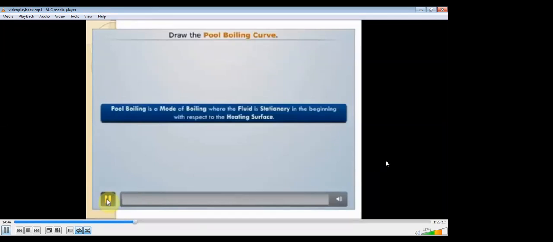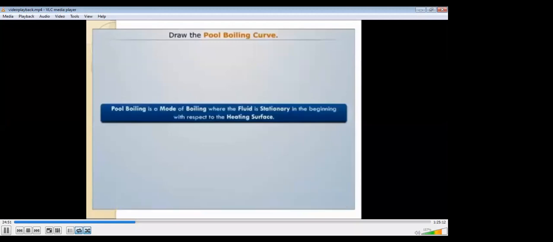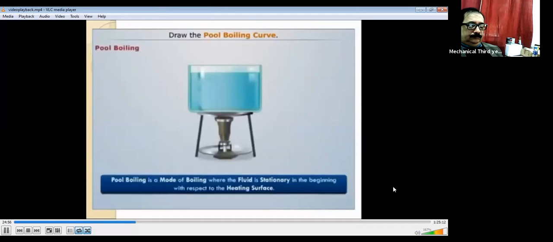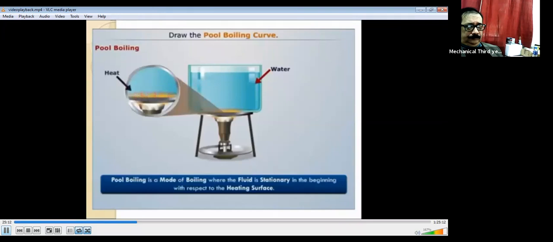With respect to the heating surface, to understand this point, let's consider an example of a vessel containing some water placed on a burner. As the heat gets transferred from the bottom surface of the vessel to the stationary water, it starts rolling up and down.